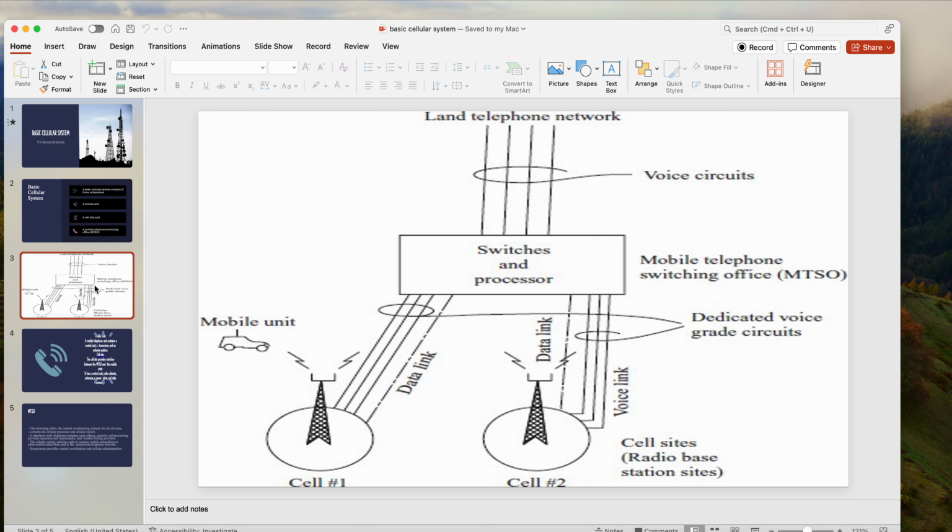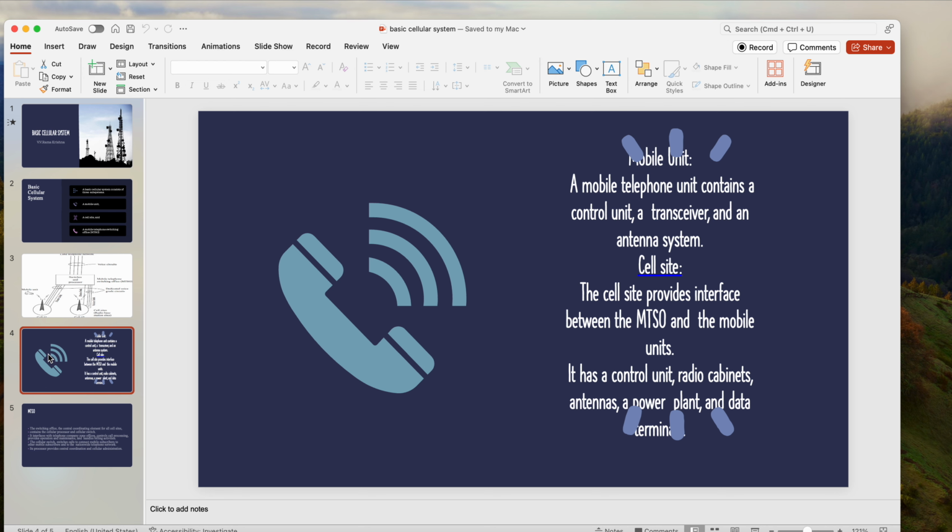Once the signals are modulated, they need to be transmitted. In order to transmit the signal we need one antenna system. So a mobile unit in a cellular network should consist of a microphone and the circuit which can modulate and demodulate the signals.